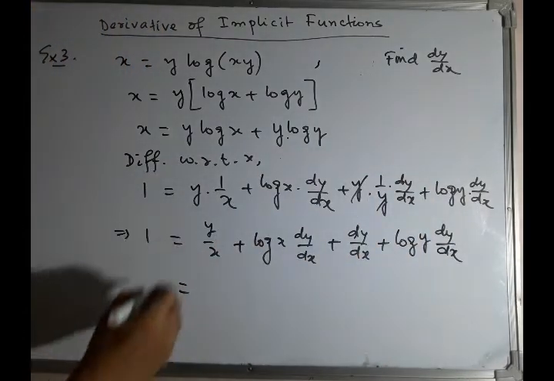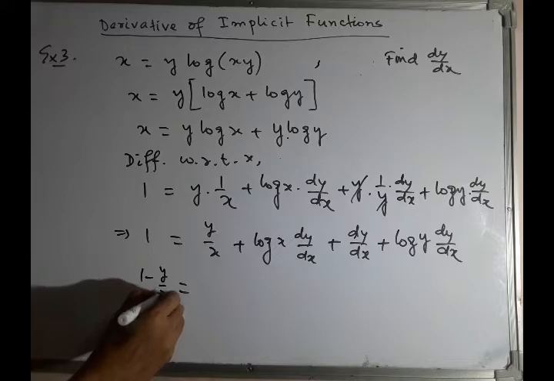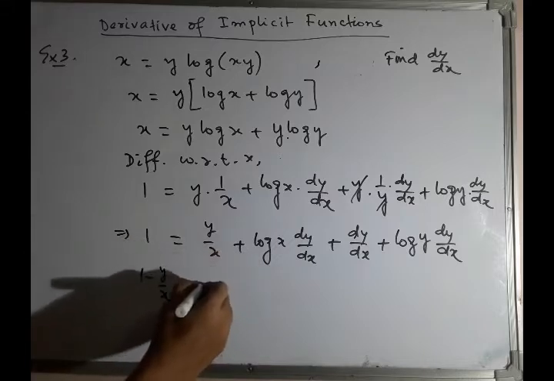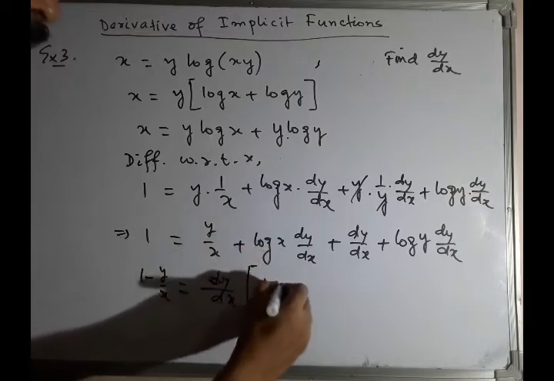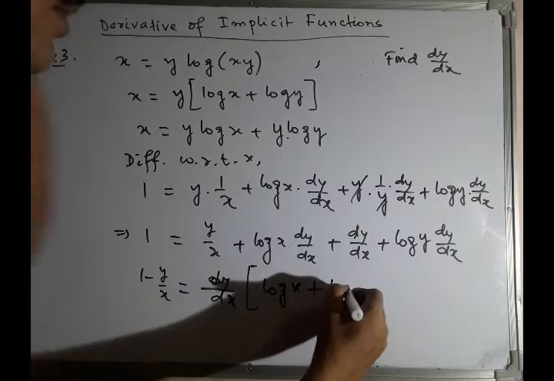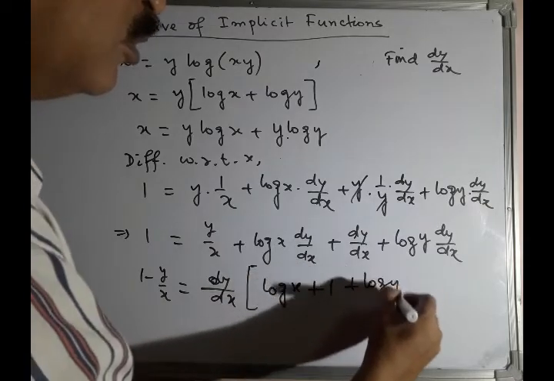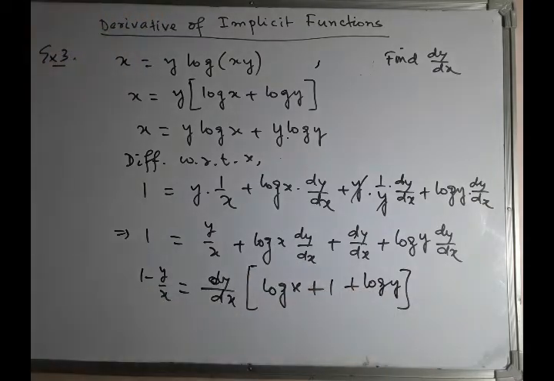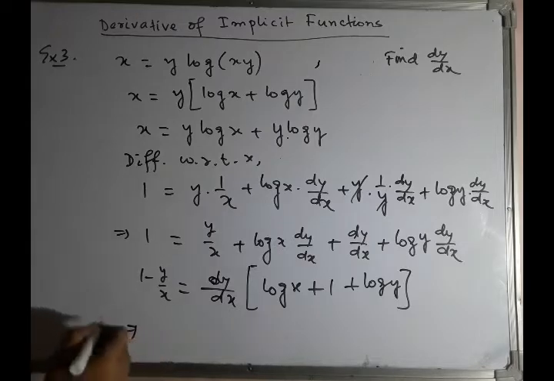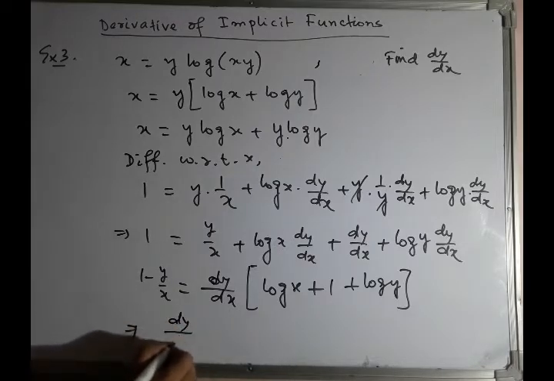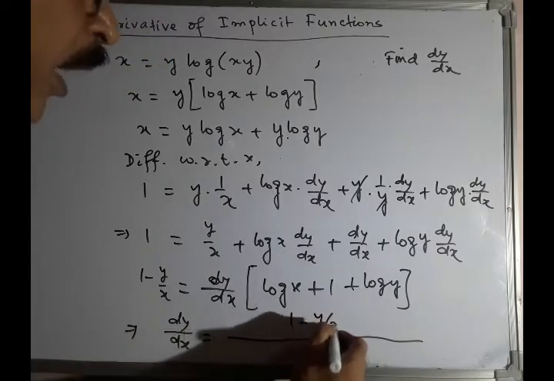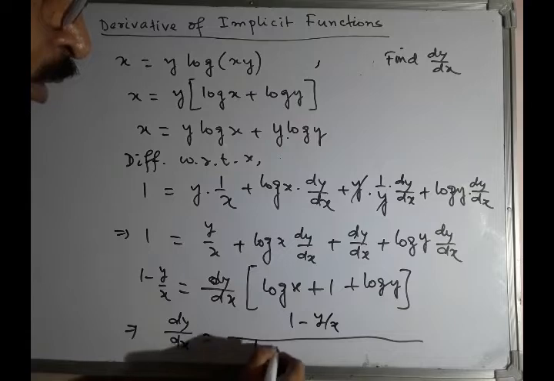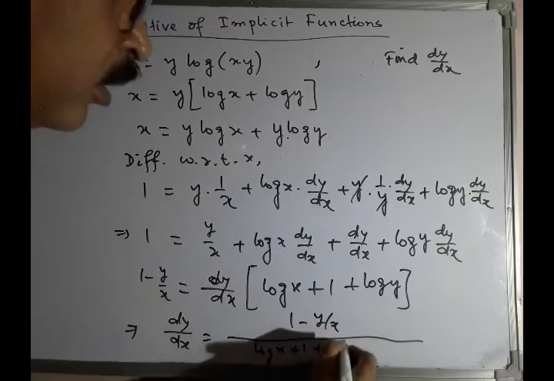So 1 minus y by x, and we are taking dy by dx common: log x plus 1 plus log y, and therefore dy by dx will be 1 minus y by x over log x plus 1 plus log y.